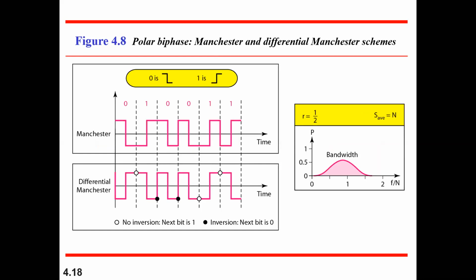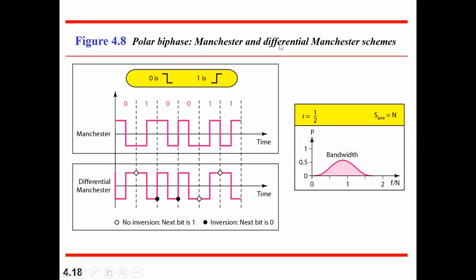So from highest to lowest means 0, and lowest to highest means 1. This is how they have been identified with respect to biphase, by the name Manchester encoding scheme. Whereas differential Manchester is a reverse of it. For 0 it will go low to high, whereas for 1 it will go high to low. So this is how it is represented with respect to Manchester and differential Manchester.